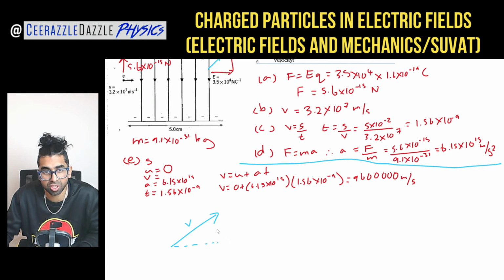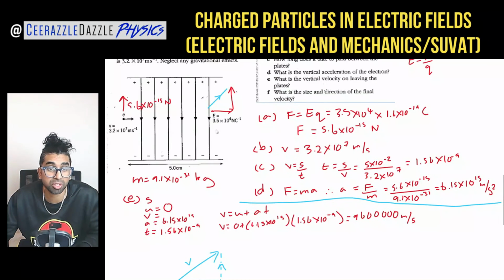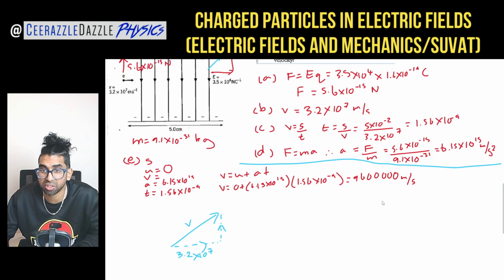Horizontally, the velocity didn't change, so this one is 3.2 times 10 to the power 7. The vertical velocity we just worked out is 9,600,000 meters per second.